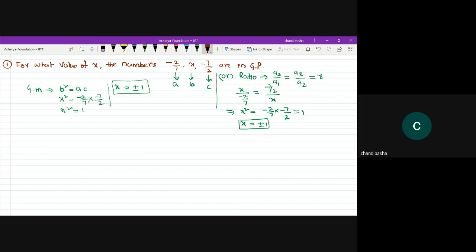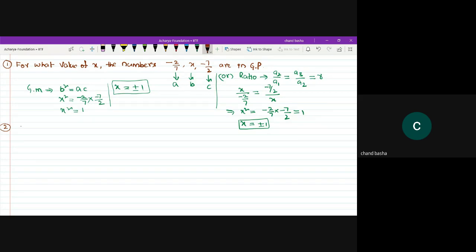We'll go for the next question, problem number 2. Second problem. For the following questions, just find the sum of n terms.